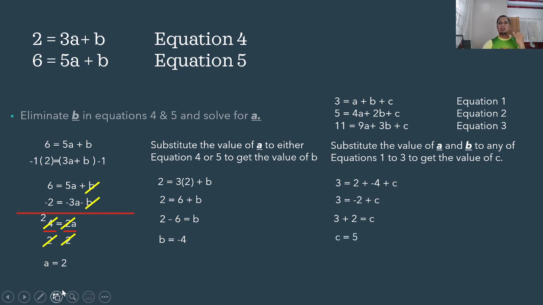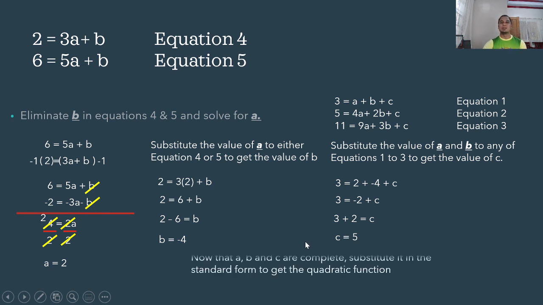So we come up with A is equal to 2, B is equal to negative 4, C is equal to 5. All that's left is to substitute all these three values dun sa ating standard form of the quadratic function. Ano nga yung standard form? Ito. F of x is equal to ax squared plus bx plus c.